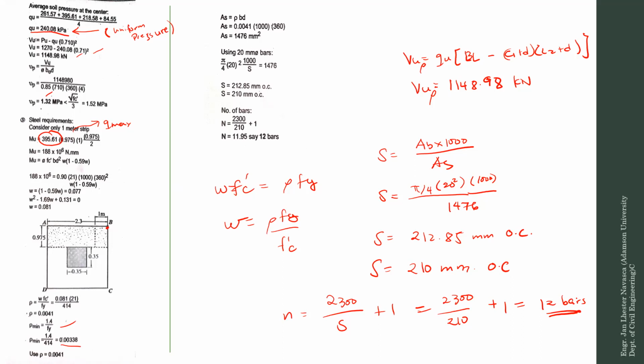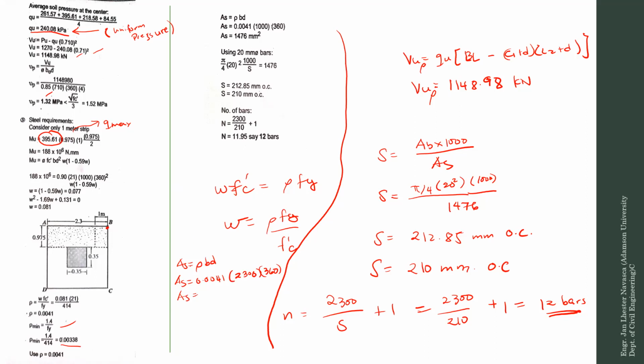Pero meron pang ibang solution dito, yung katulad ng binigay ko sa inyo last time. Ang gagawin yung AS is basically solve nyo na yung total length. So, pwede mong AS is equals to rho BD. AS is equals to 0.0041 times 2,300, your 360. You will get your total AS to be 0.0041 times 2,300 times 360.